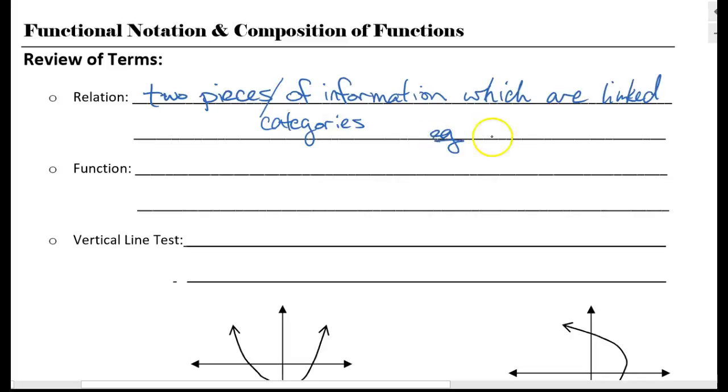So example, we can talk about fruit as it relates to color. A function is specifically a relation that has only one output for every input, or only one range value for every domain.